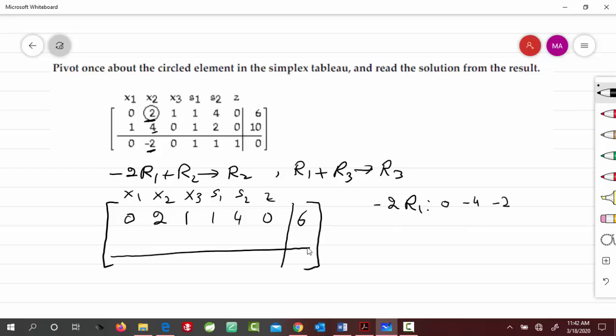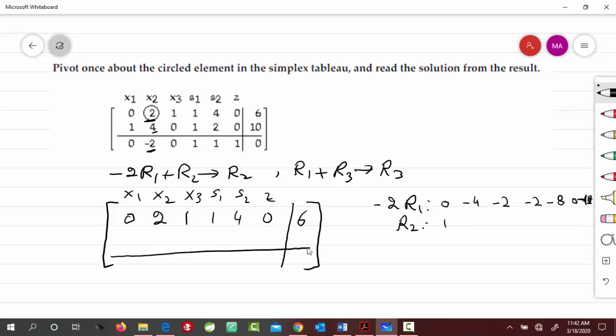So after multiplying row 1 with negative 2, this is what we are getting: 0, negative 4, negative 2, negative 2, negative 8, 0, and negative 12.